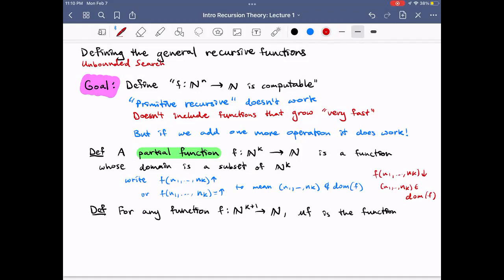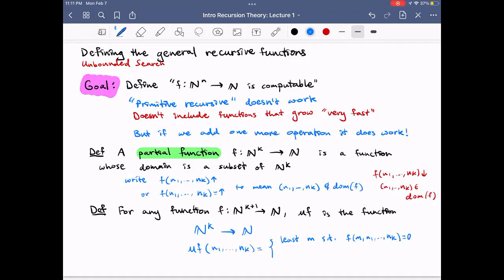And now I'm going to define this operation. For any function f, mu f is the function from N^k to N defined by: mu f of n1 through nk is the least m such that f(m, n1, ..., nk) is equal to 0.